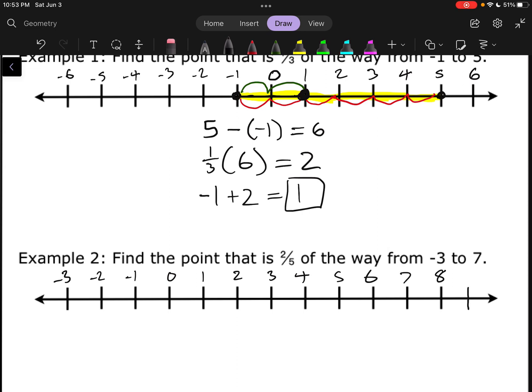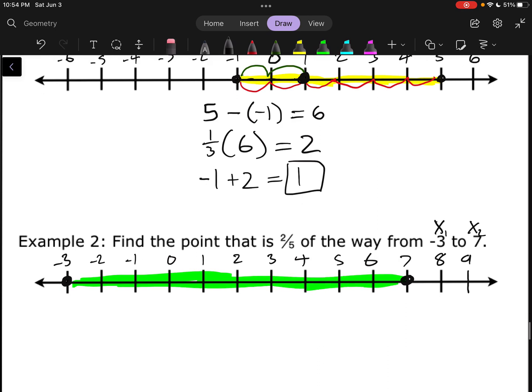And I don't know what happened to that line. Yours will be there, but there's none. So what are we trying to do? We're trying to go from -3 to 7. This is the whole distance that we're going. Now we're going from here to here, so that's my x1 and my x2.